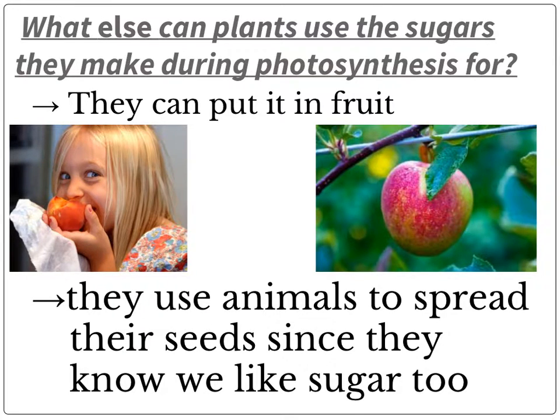They use animals to spread their seeds, which are their babies. A seed is essentially a plant baby that has not reached maturity yet. And so plants create fruits so animals will spread their seeds.